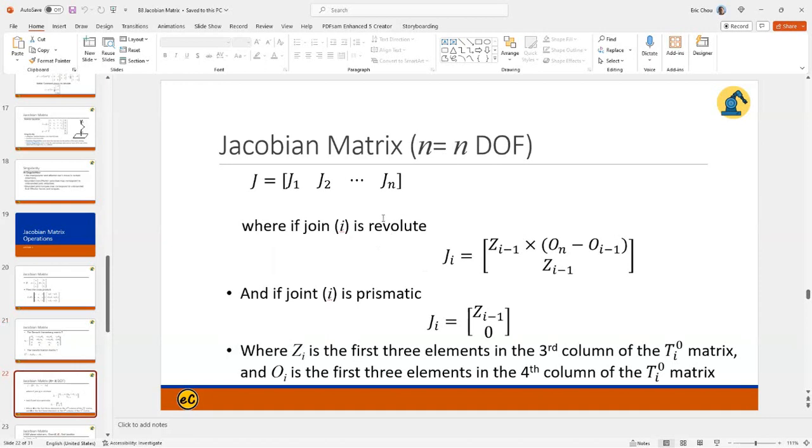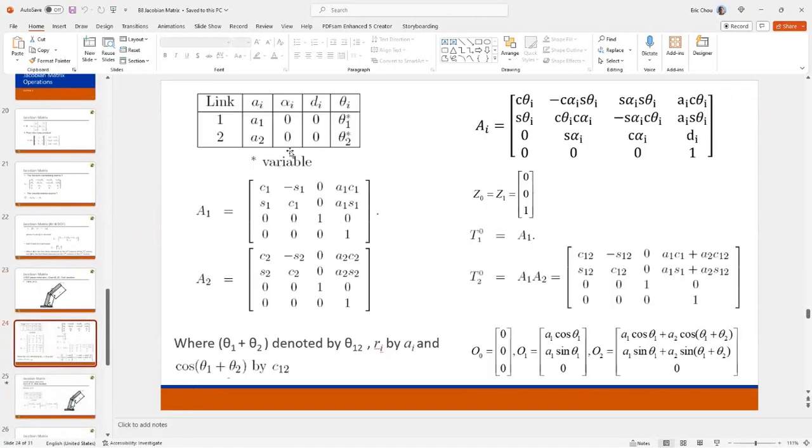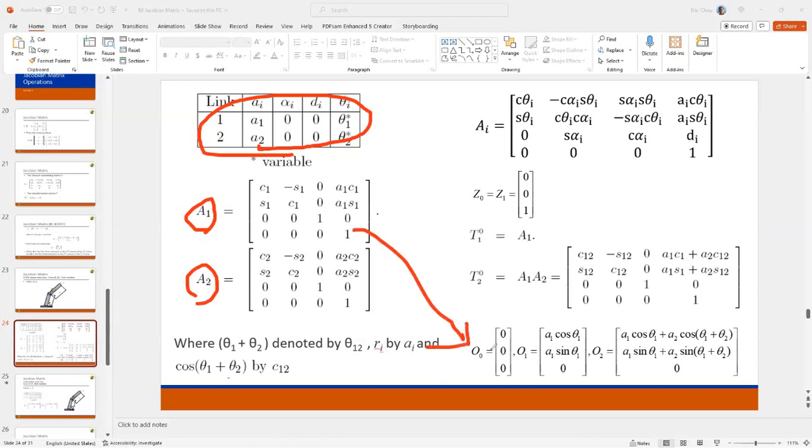And then we want to calculate the Jacobian matrix. It becomes this. So what this really means is we set up the Denavit-Hartenberg matrix, and we set up the transform matrix of A1, A2. Based on this A1, A2, we try to derive the O vectors, O0, O1, O2, and the Z vectors.